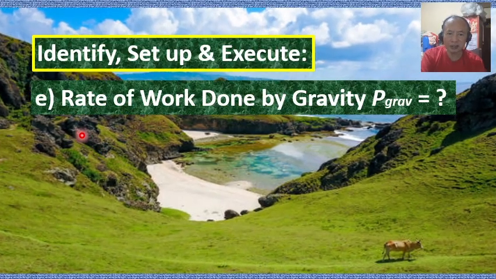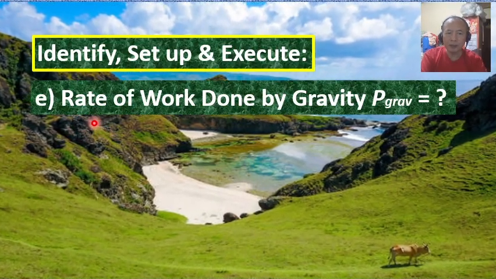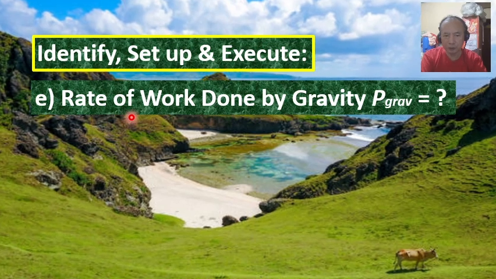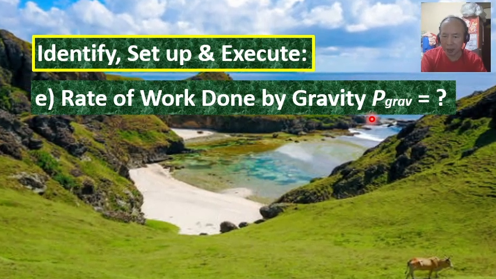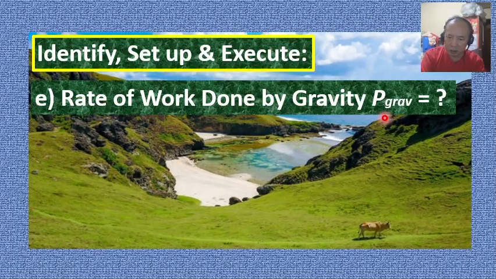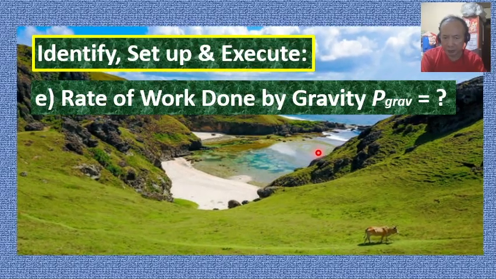Last but not least, we find an expression for the rate of work done by gravity, denoted here as capital P sub gravity.